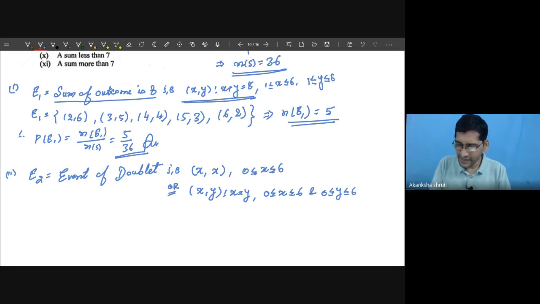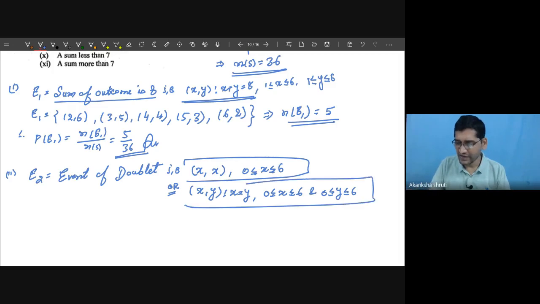So whether you write in mathematical form in the first way or the second way, you will get the same thing. Both are representing the doublet in mathematical language.